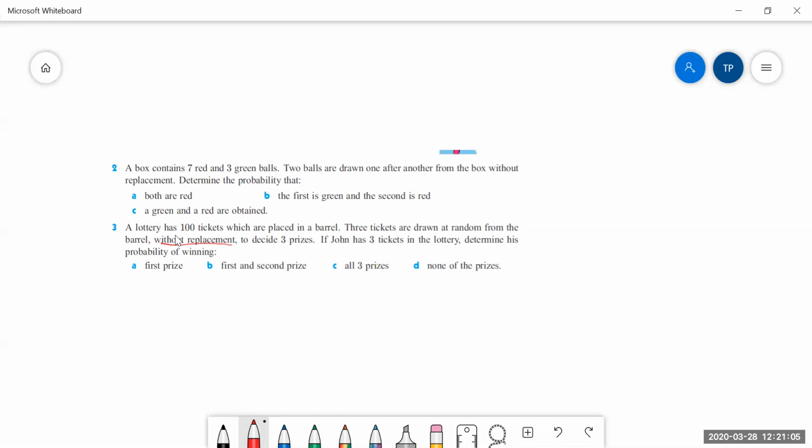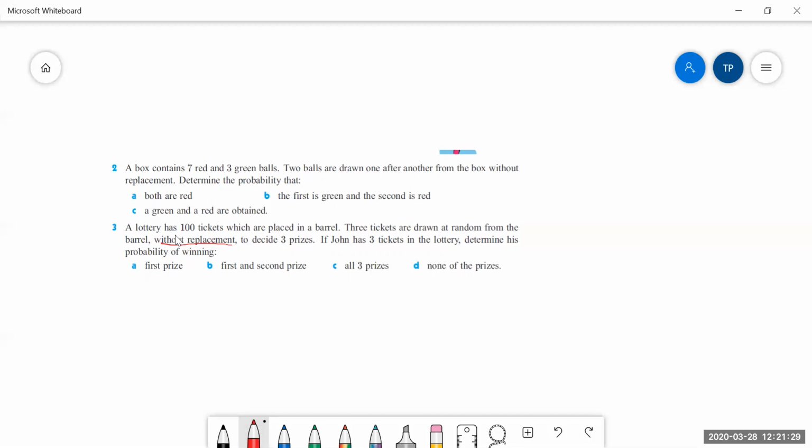How is that possible? They're taken out one by one, right? He has 3 tickets in the lottery. So let's say now it's 100 tickets.